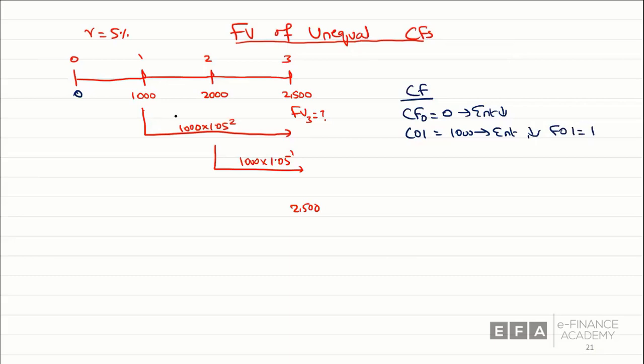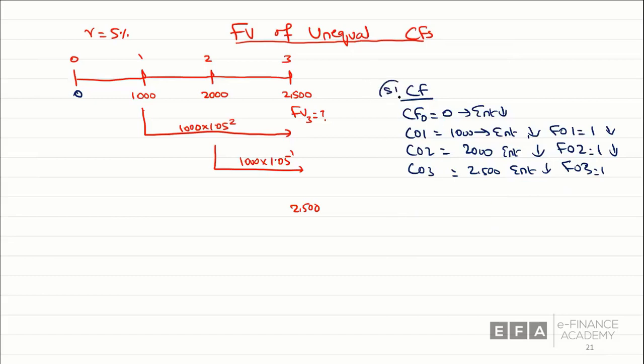Make sure it's 1 because it only happens once. Then you go down and you see cash flow 2, which will be 2,000. You press enter, you go down, you find frequency of 2. How many times does this 2,000 happen? 1 time only. And then you go down to cash flow 3, which would be 2,500. You press enter, you go down. Again, that's 1. Once you have entered all this cash flow, this was our step 1.